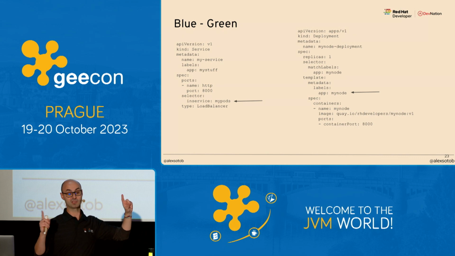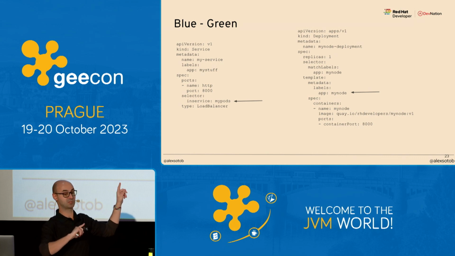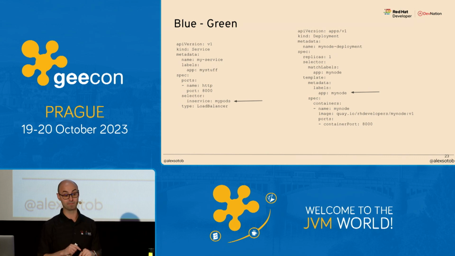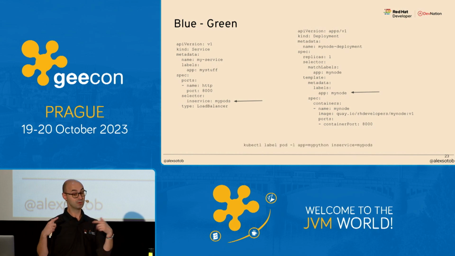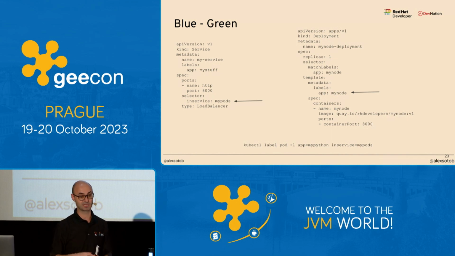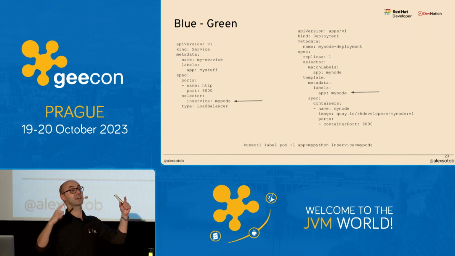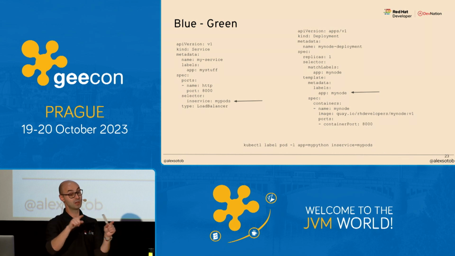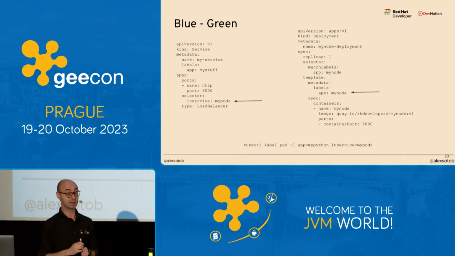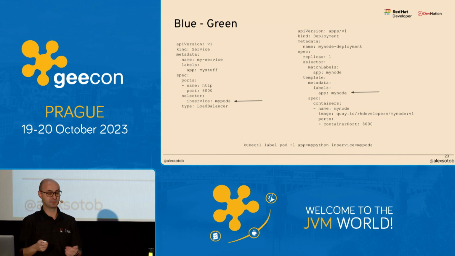Okay, it's not the same, so this Kubernetes service is not going to send any traffic to this deployment. Then I can just rewrite the label of the application. In this case, I'm saying, hey, change the app, in this case my node, to in service my pods, and then automatically Kubernetes will start sending traffic through this service to this new pod. Okay, so we can more or less implement it.